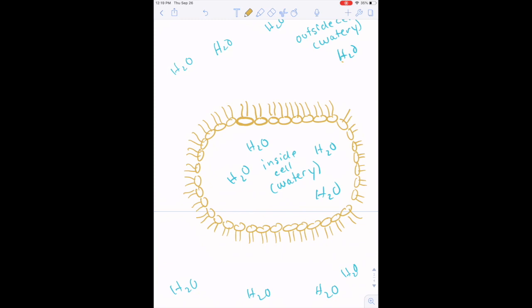But what happens is that a second layer forms with the polar heads facing the watery exterior of the cell, and those hydrophobic tails pointing inward, facing the hydrophobic tails on that inner layer. So kind of like this. I'm running out of space here on my tablet. But what the heck, I'll draw it like this.